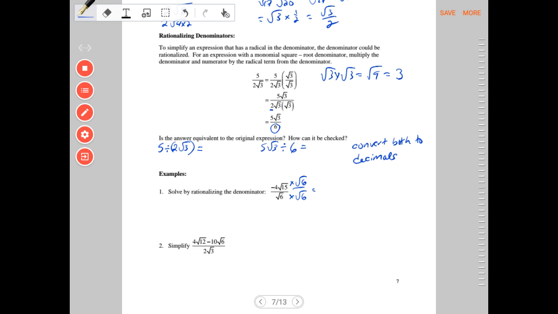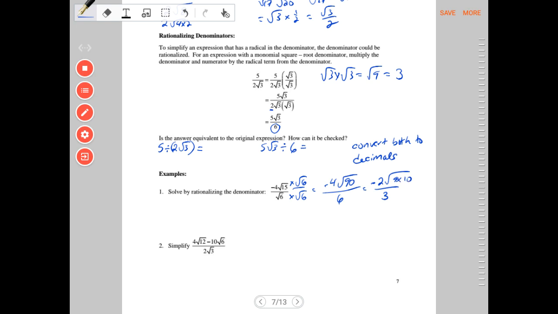So coefficient by coefficient, negative 4 times the 1 in front of that root is negative 4. Root 15 times 6 is 90, over root 6 times itself is just 6. Okay, and let's see if we can simplify that a little bit. 4 divided by 6, they have a common factor of 2, so that becomes negative 2 over 3. Root 90 becomes root 9 times 10.